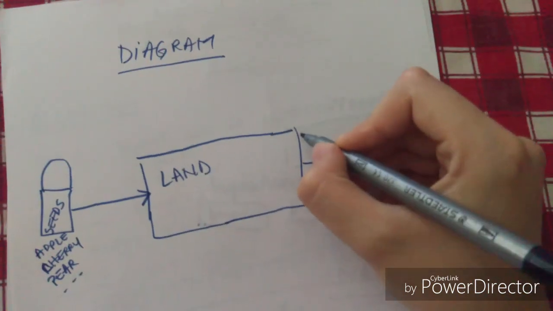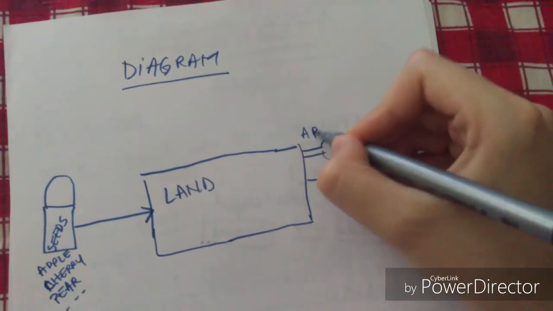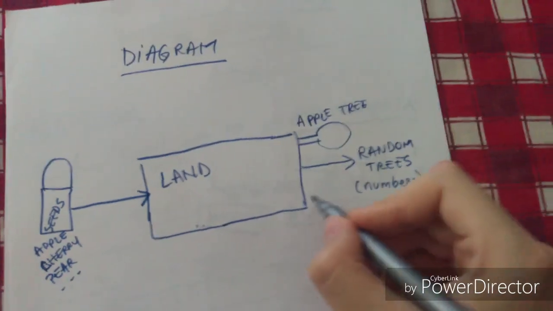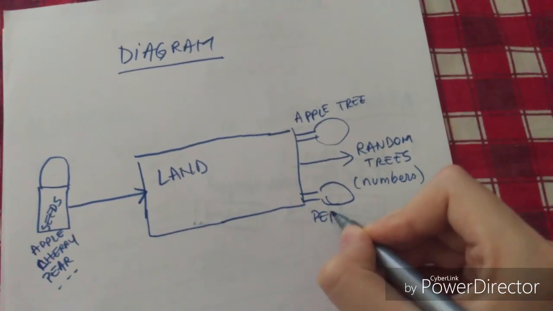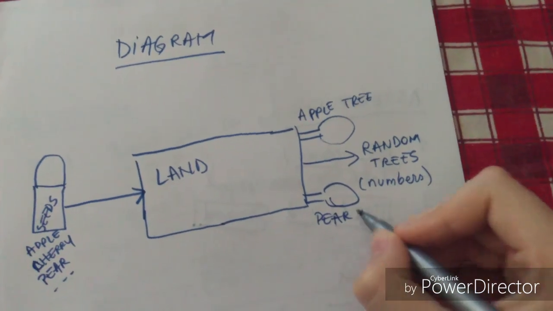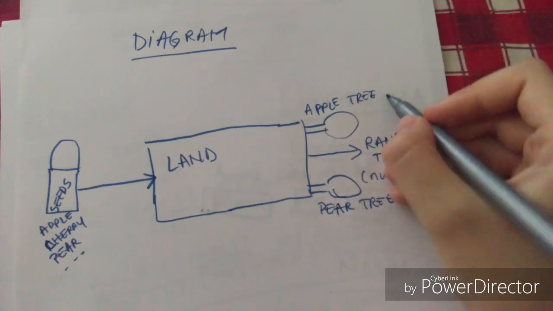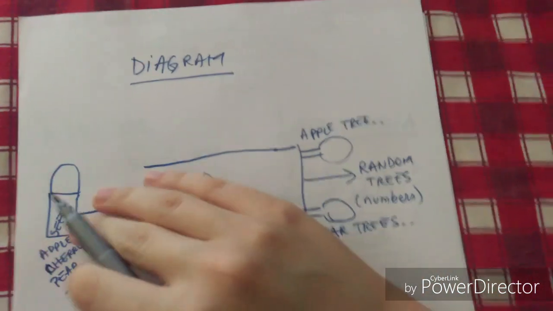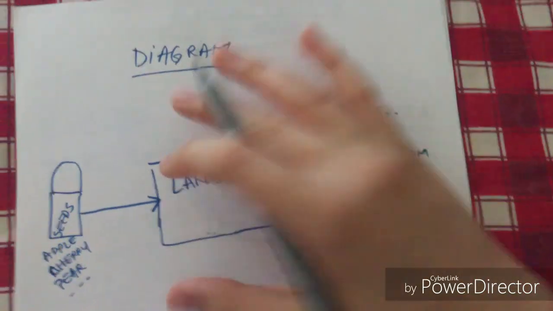So in the end, we are going to have apple trees, pear trees, and so on. And the seeds are going to be a seed, that's actually what it's called in C++.